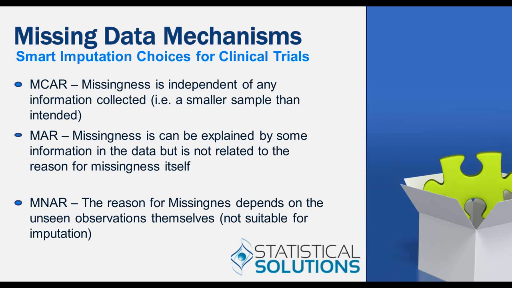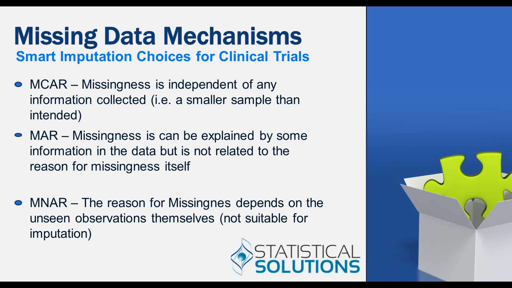Most of the imputation models that are out there, if not all, rely on either missing at random or missing completely at random assumptions, and these can be investigated in different ways before approaching imputation. So there is some justification that you can give there before diving into using multiple imputation as a missing data method.